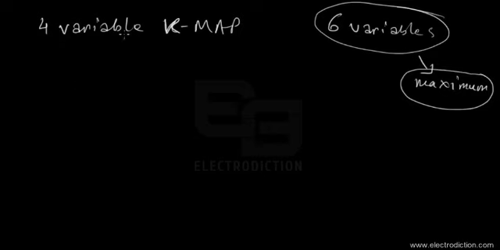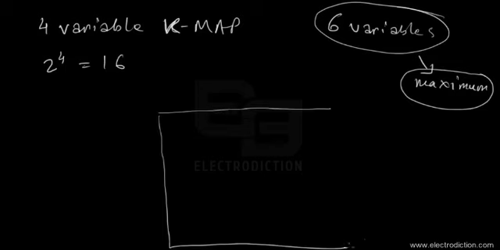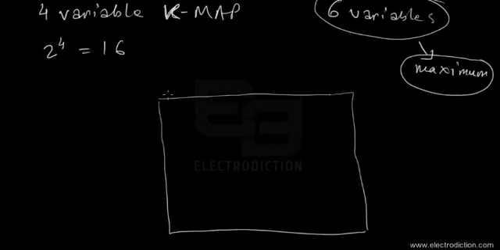Since it's a 4-variable K-map, we are going to need 2 to the power 4 cells, that is 16. So I need a bigger square over here. Just pull the page down a bit. Similarly, if the 4 variables are designated as A, B, C, and D, then we will have 16 cells.